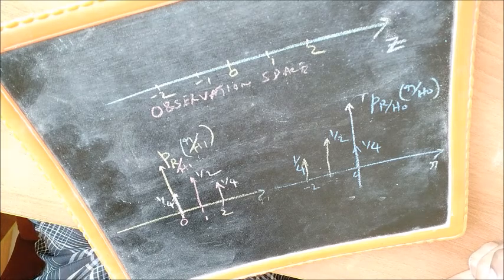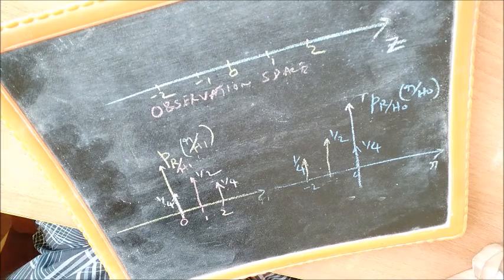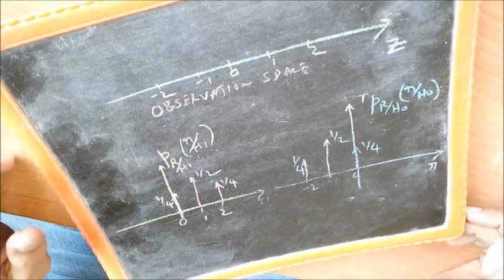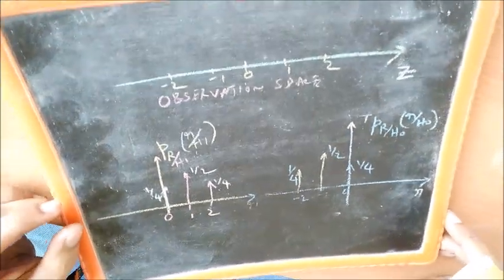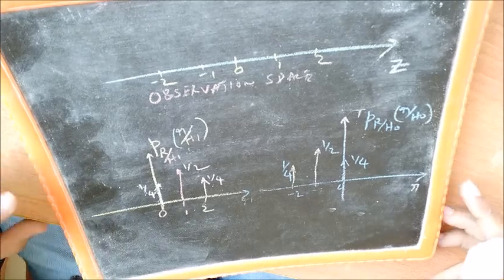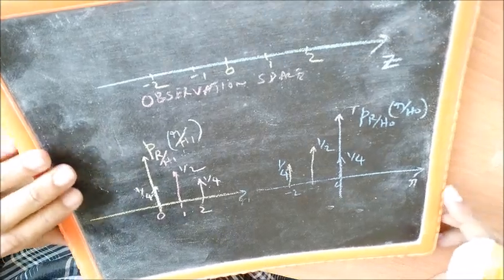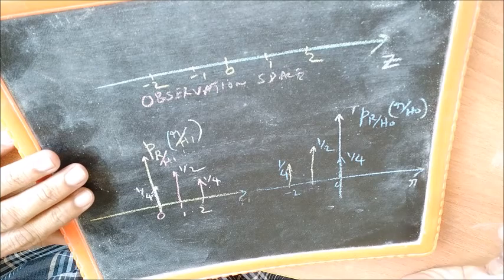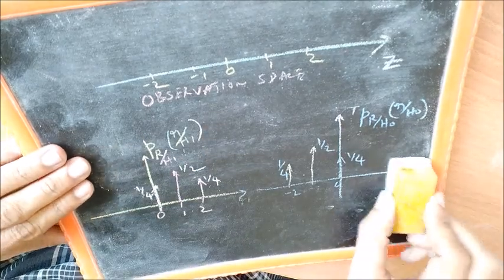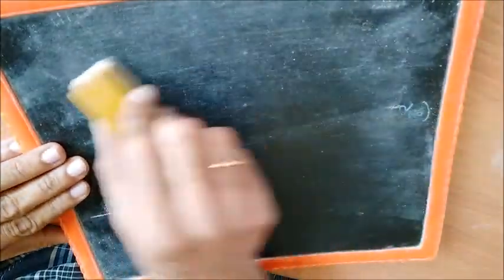Now we will move on to a slightly more complicated case wherein our observation space will be two-dimensional. It can be n-dimensional in general. As you saw in this case, it was just one-dimensional.